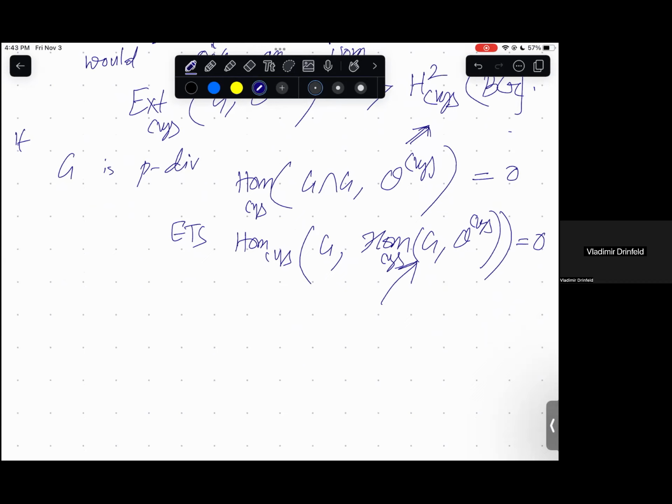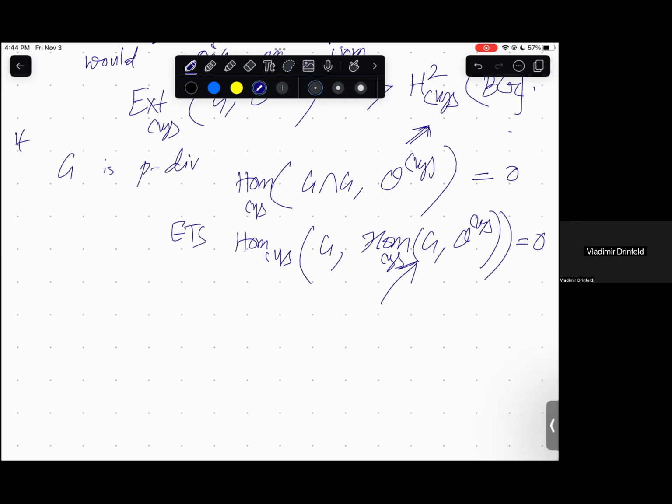So what's the difference between, suppose you have, let's temporarily forget about sheaves, sites, and so on, and suppose you just have abelian groups G and A. What's the difference between Ext1 from G to A and Ext2, H2, from G to A?